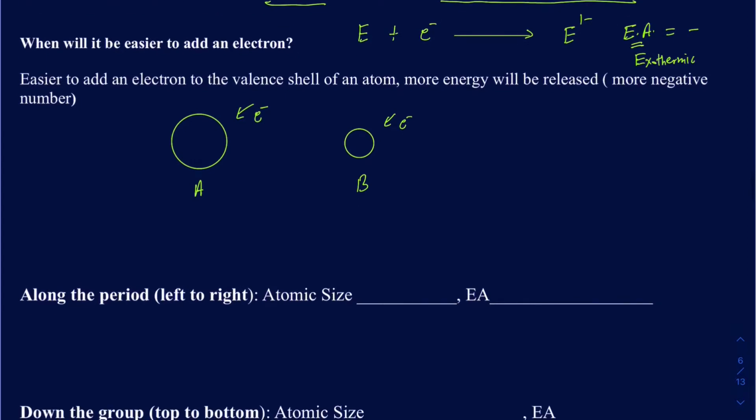Okay, so when you're going along the period in the main group elements, we know the atomic size decreases. Since the atomic size is decreasing, it's going to be easier to add an electron, so your electron affinity increases. All right, and another way of saying it is it just becomes more negative.